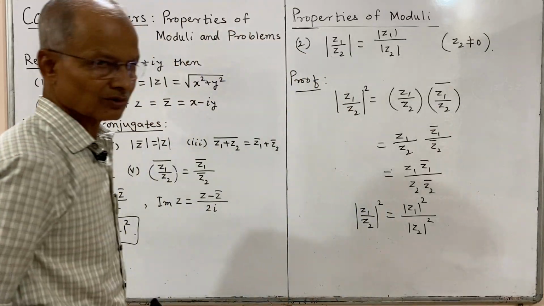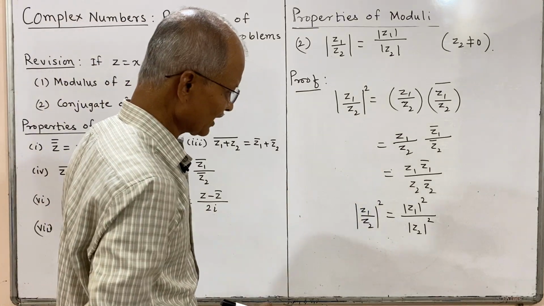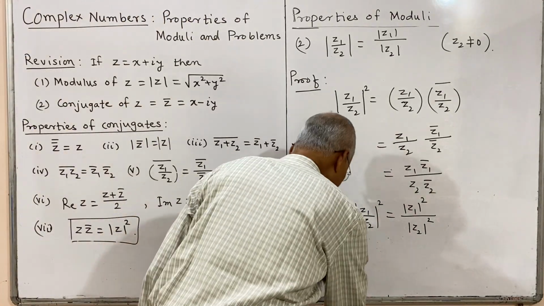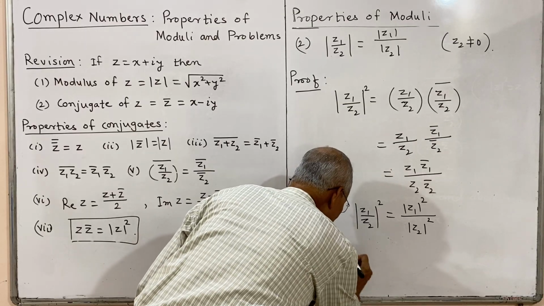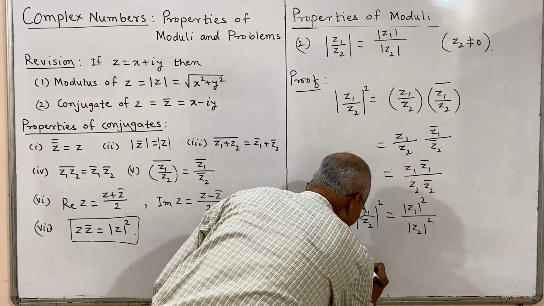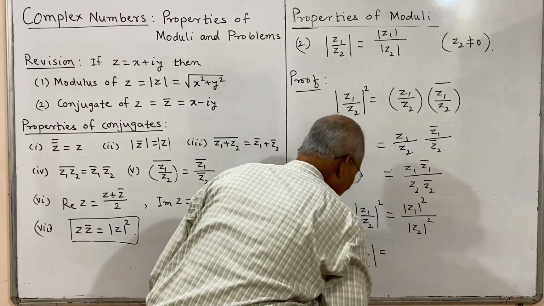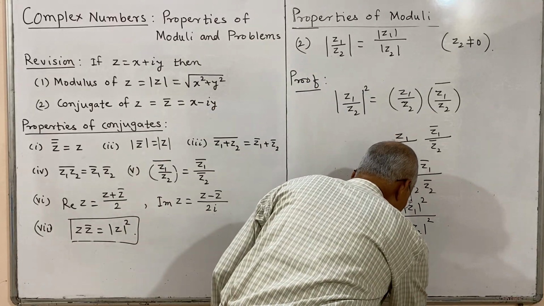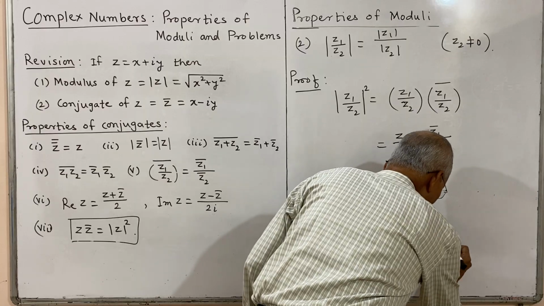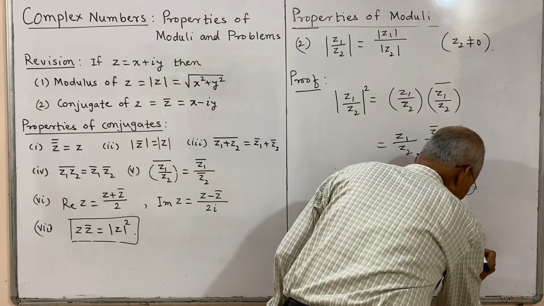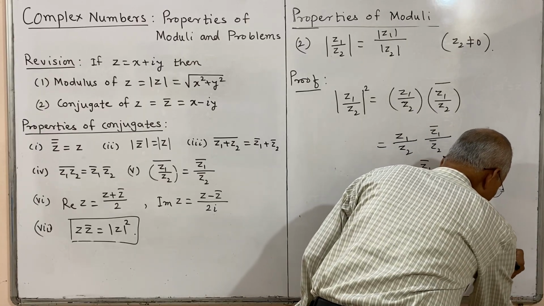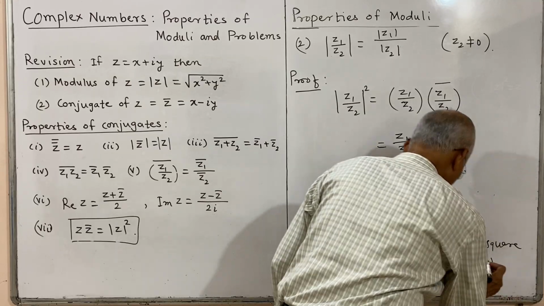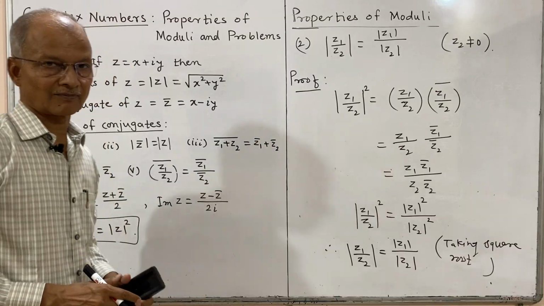So taking the square root and noting that the absolute value is never negative, we get mod of z1 by z2 is equal to mod z1 divided by mod z2. This proves the second property.